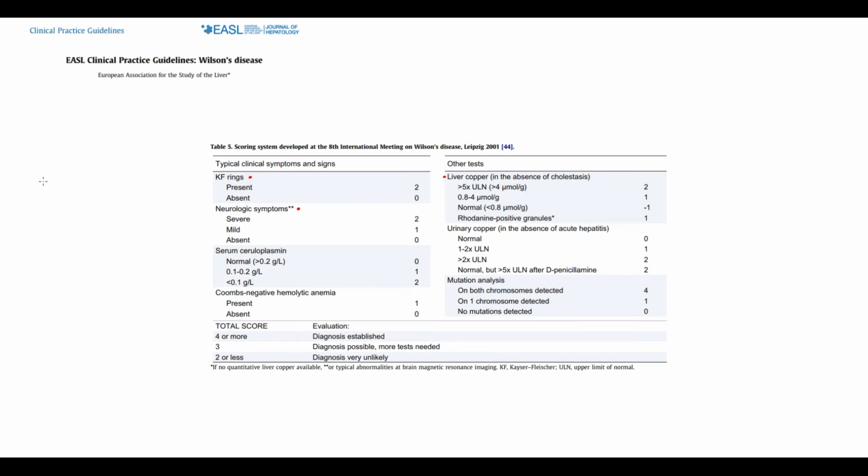All these features are caused by deposition of free copper in the tissues. Also, we have laboratory markers such as decrease in serum ceruloplasmin level and increase in urinary copper excretion. And we know that the higher the copper level in the blood, the higher will be the copper excretion into the urine. If a person has hemolytic anemia, the Coombs test should be negative.